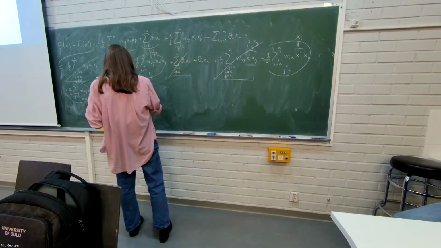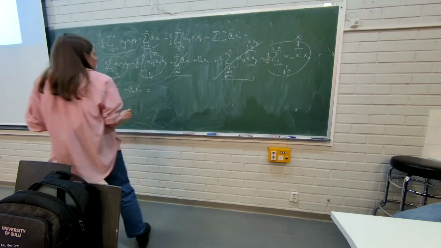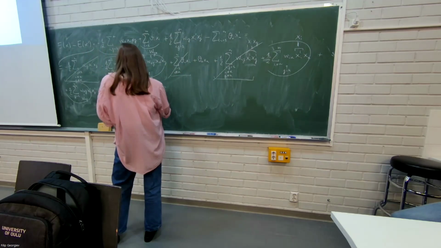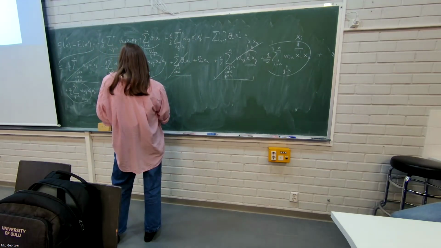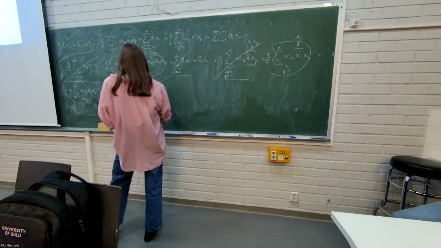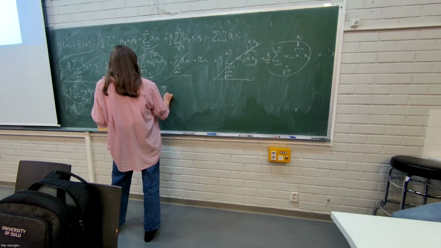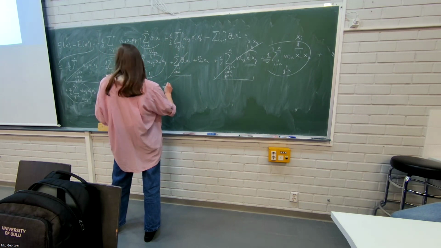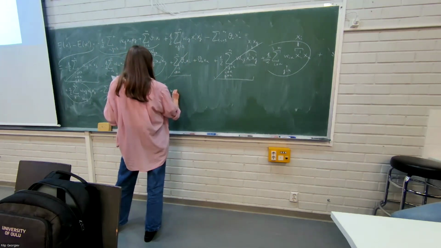Let's write it down here, maybe, first line. I sum the first two terms, and I choose i as my index. So i goes from 1 to n of wik xi xk.